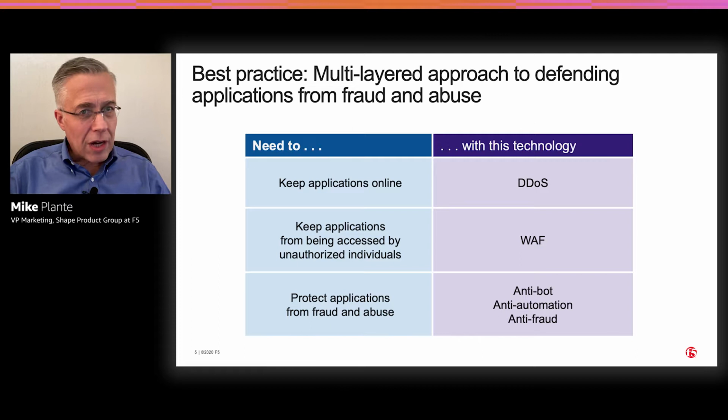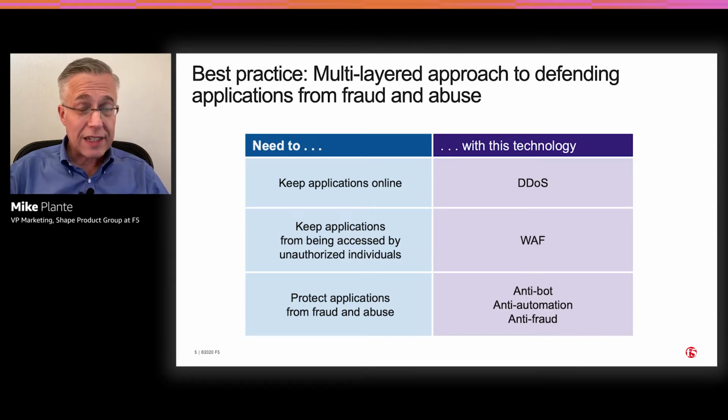What we wanted to start out today with is a simple set of best practices that F5 has learned as we've helped application owners around the world in protecting their applications from unauthorized access and the resulting fraud and abuse.